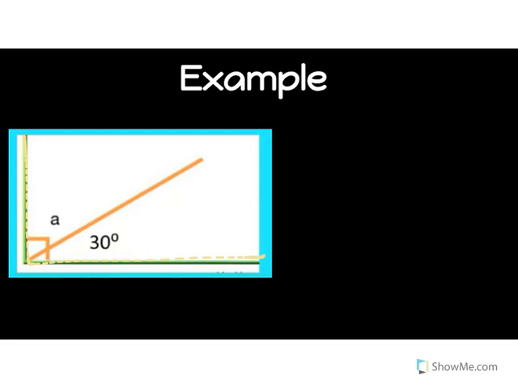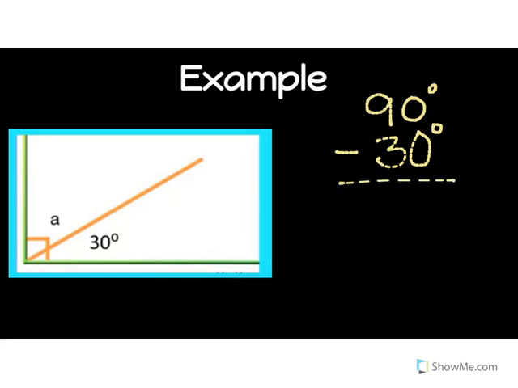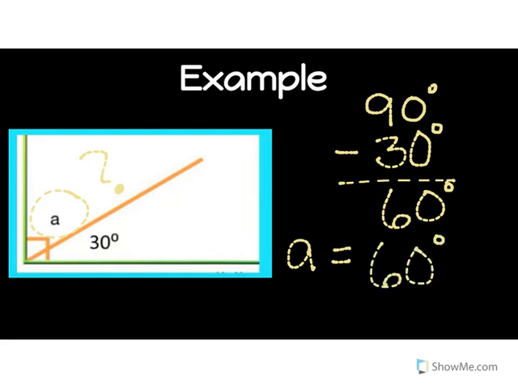That means it's a right angle. I know a right angle measures 90 degrees. I also know that this angle measures 30 degrees. All I have to do is subtract to figure out what angle A measures. 90 minus 30 is 60 degrees. Therefore, A has to equal 60 degrees.